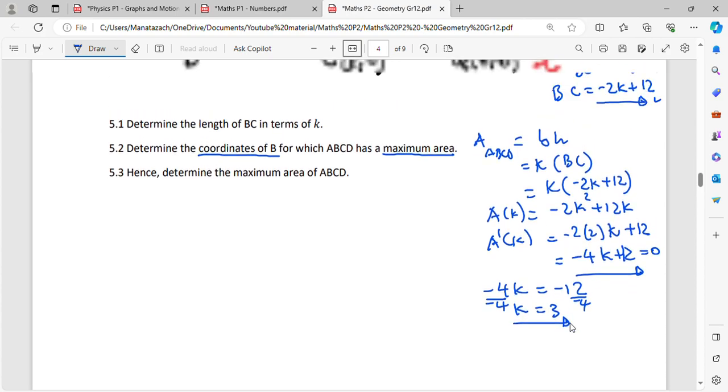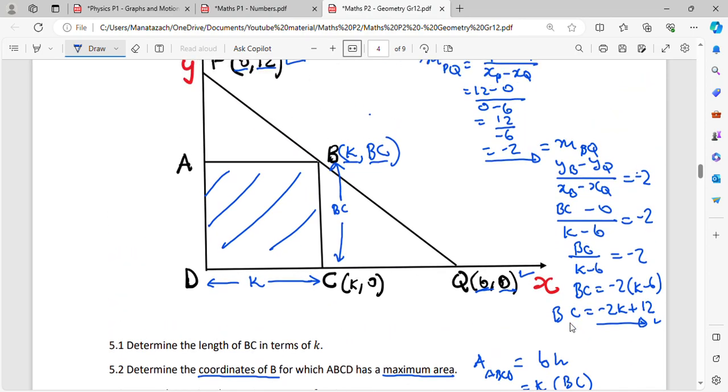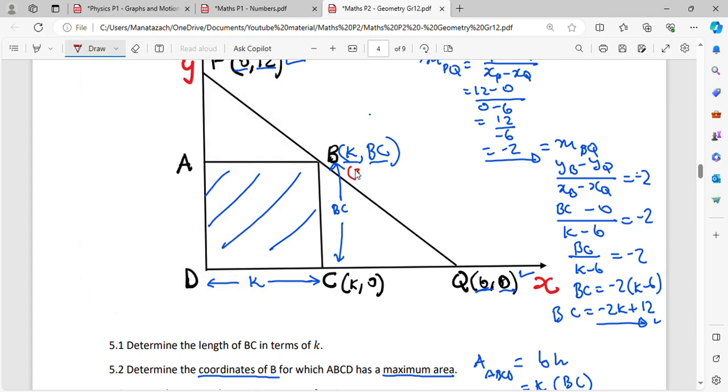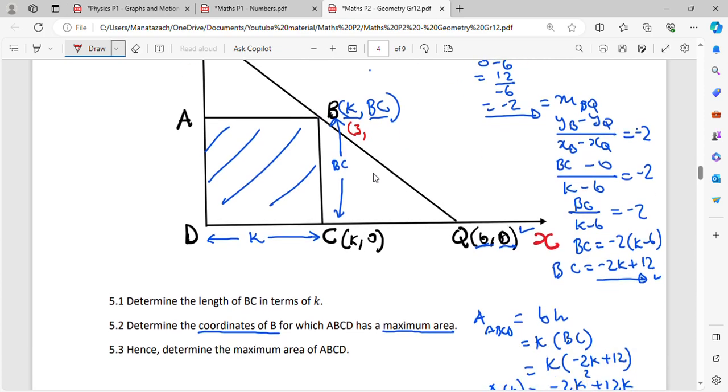Now let's work out the coordinates of B. We've already written out the coordinates of B. Since K is 3, we just replace K by 3 in the general formula for BC.